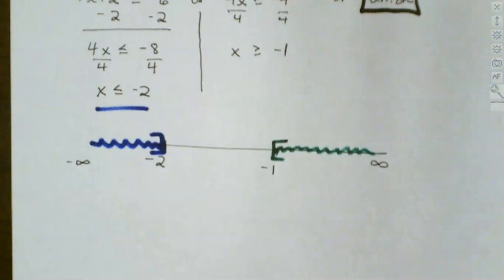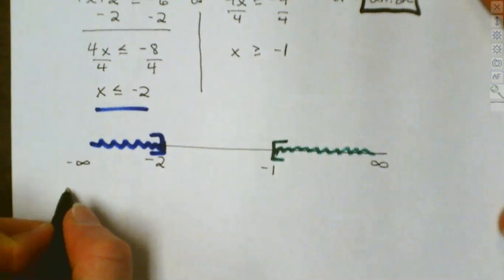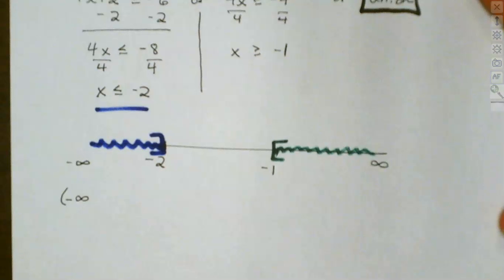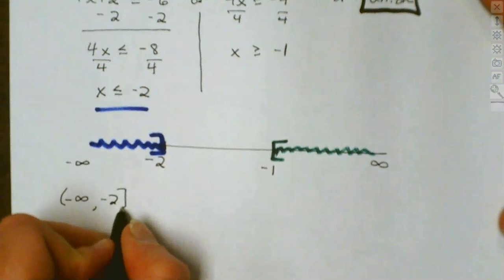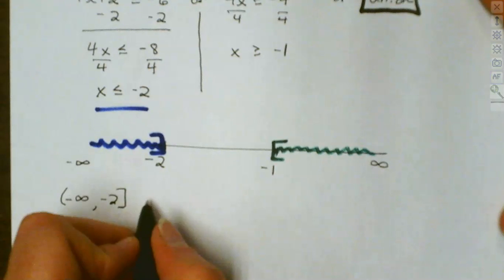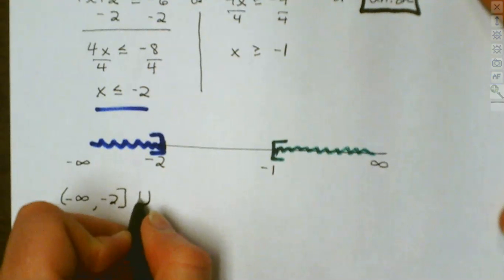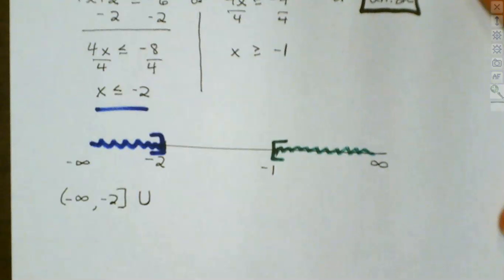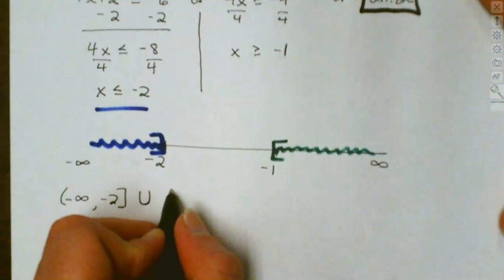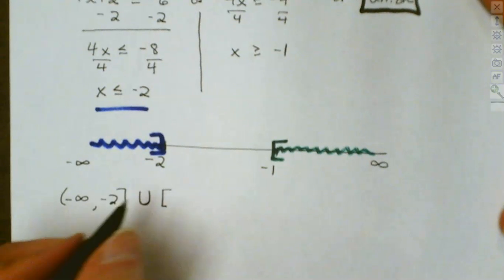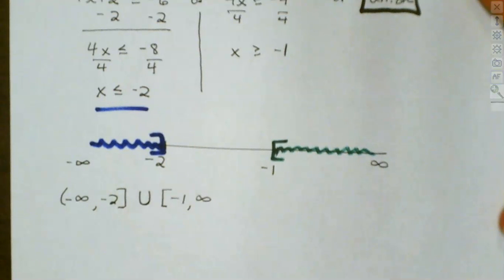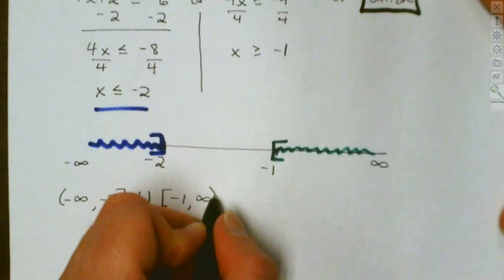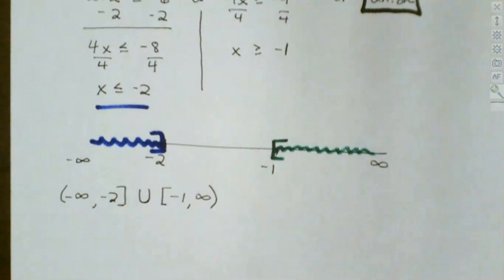So the blue part is going to be negative infinity with the parentheses, comma, negative 2 with the square bracket. We use a U. That U represents union. And we're going to unite that then with negative 1 with square brackets to positive infinity with parentheses there.